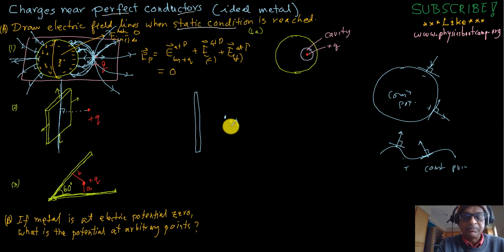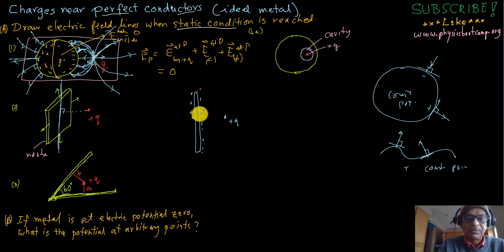This side will pull all the charges. There will be more charges near here and fewer charges out there. And where does it come from? It comes from inside here. So this side will become, say, positive. This whole thing is neutral.